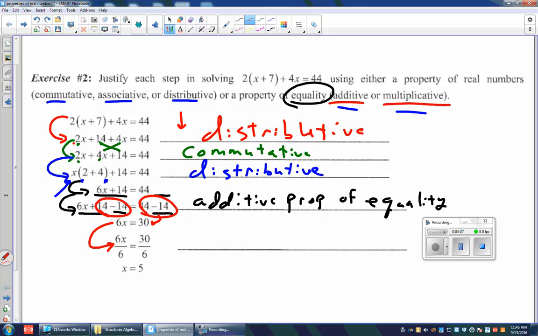We don't have anything here saying divided. Remember, multiplication and division are opposites of each other. So whenever we're dividing both sides or multiplying both sides, we always call it the multiplicative property of equality.